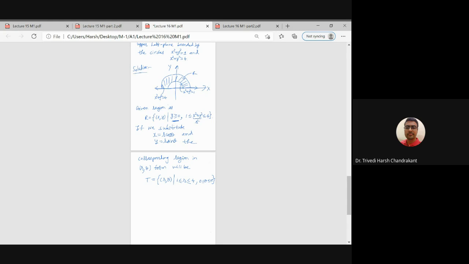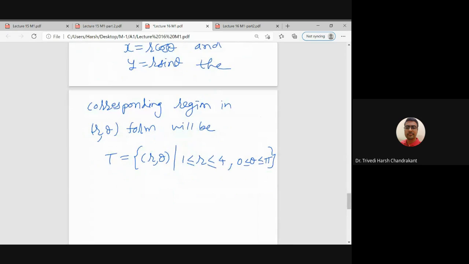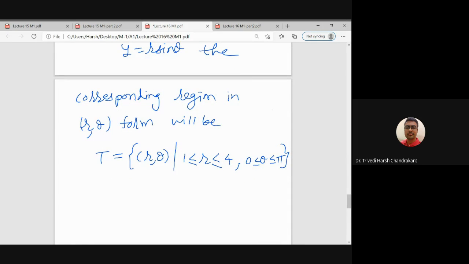We know that in the first quadrant the limit of theta is from 0 up to the positive y-axis. That means it is from 0 to pi by 2. So depending on what region we are given, we will decide what the limits of r and theta are. Any doubt?